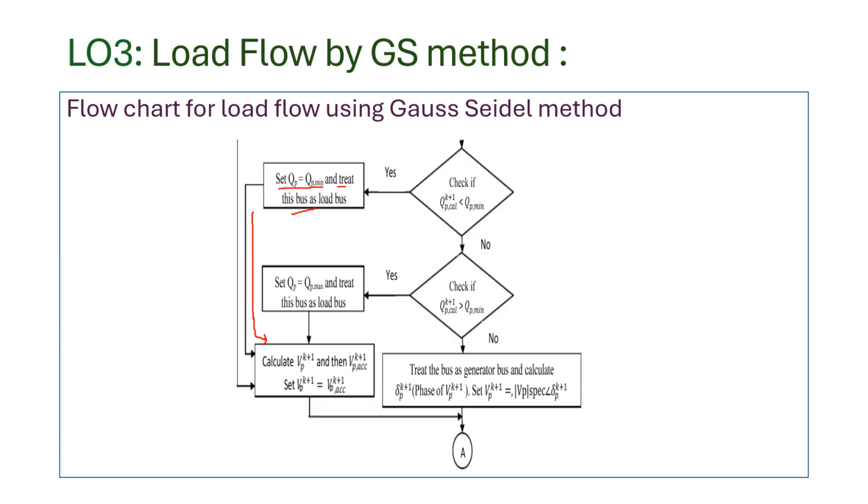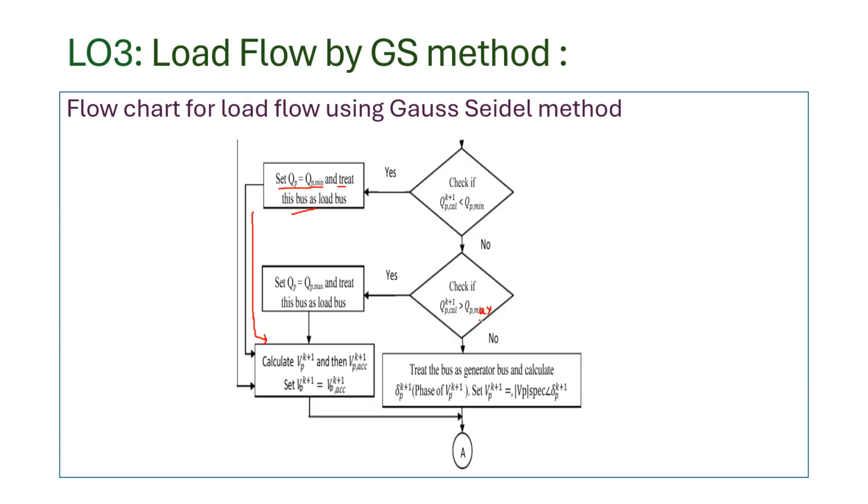Now if the reactive power generation that you have calculated for that bus is more than Q minimum, we have to check whether it is more than Q max. Here it is written Q minimum, please correct it.